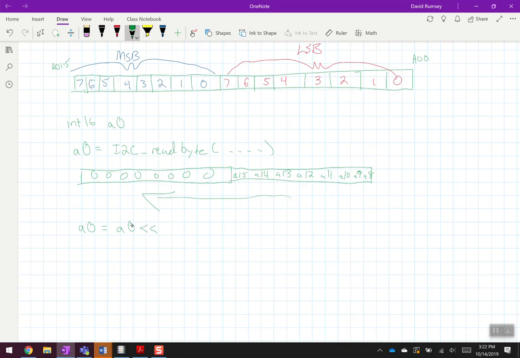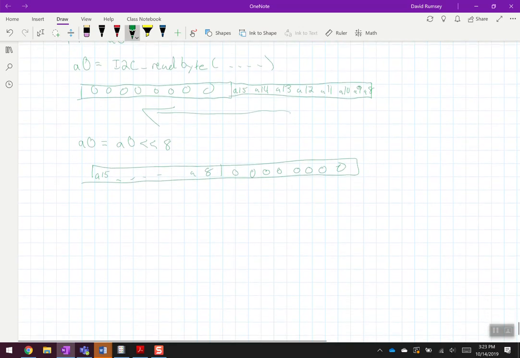I'm wanting to make A0 equal to A0 bit shifted 8 spots, because if I bit shift 8 spots, I now have A15 down to A8, but then these are all going to be zeros. So now I've got my most significant byte in the right location.